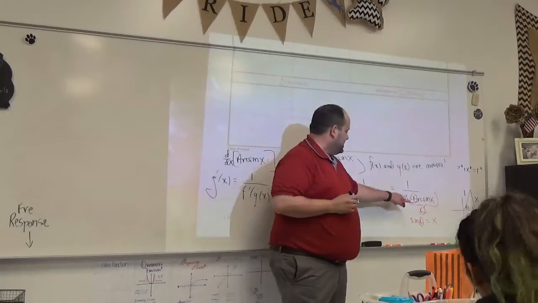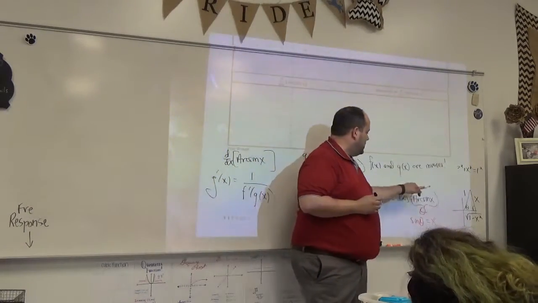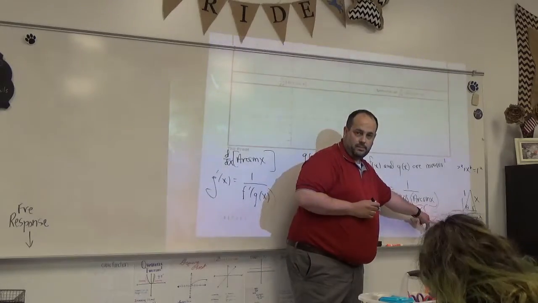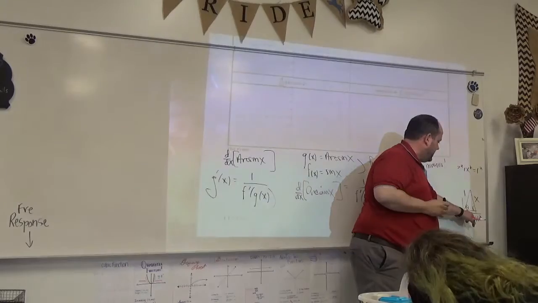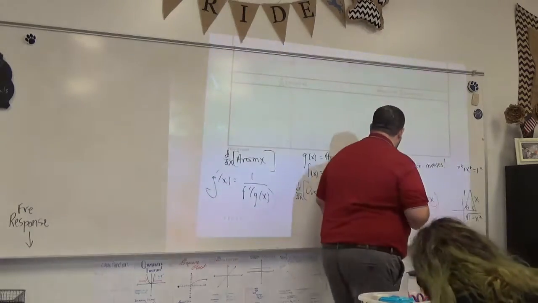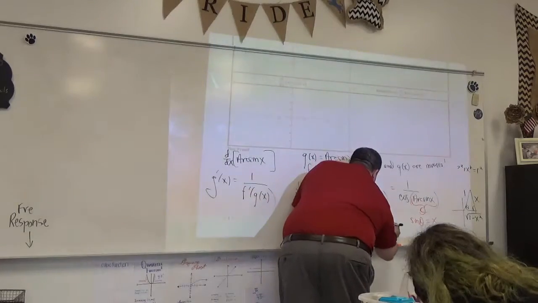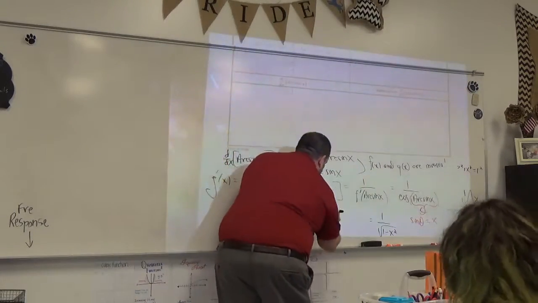So what that means is this derivative that we're after is equal to 1 over cosine of theta. But I've got my right triangle, and you guys can tell me that the cosine of theta is adjacent over the hypotenuse. So your derivative has to be 1 over the square root of 1 minus x squared.